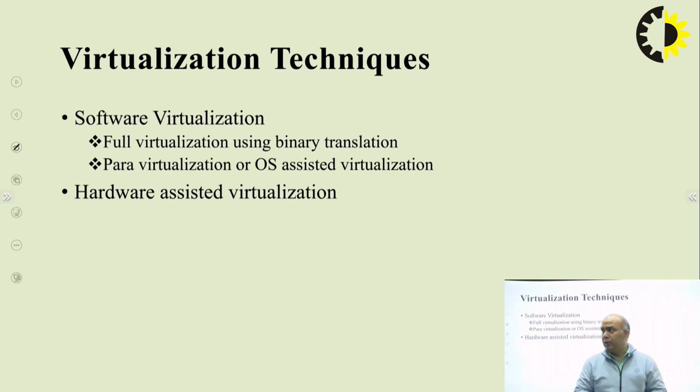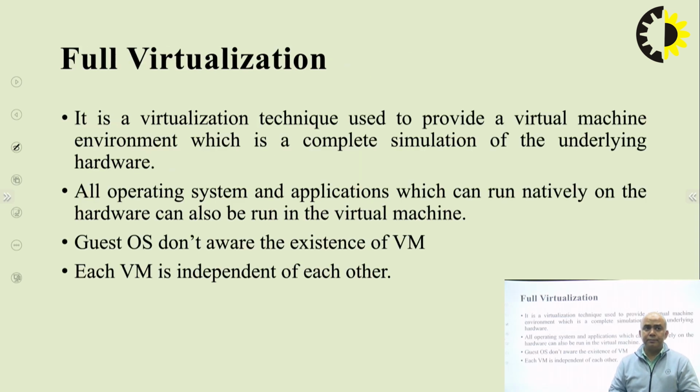There are generally two types of virtualization techniques: software virtualization and hardware virtualization. These include full virtualization using binary translation, para virtualization or OS assisted virtualization, and hardware assisted virtualization. In full virtualization, we provide a virtual machine environment which completely simulates the underlying hardware.